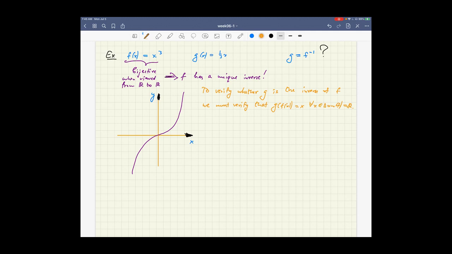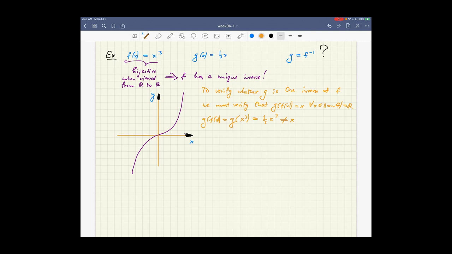Now, what is g of f of x? f of x is x cubed, and what g does to its argument, it divides it by 3. So g of f of x is x cubed over 3. That's not x. It's definitely not x for all real x's.